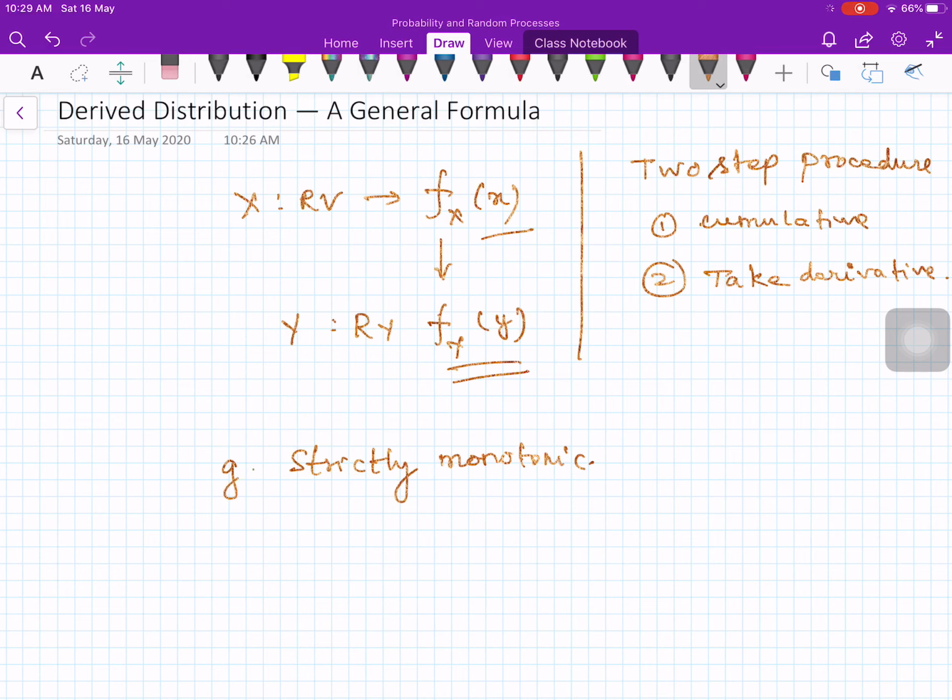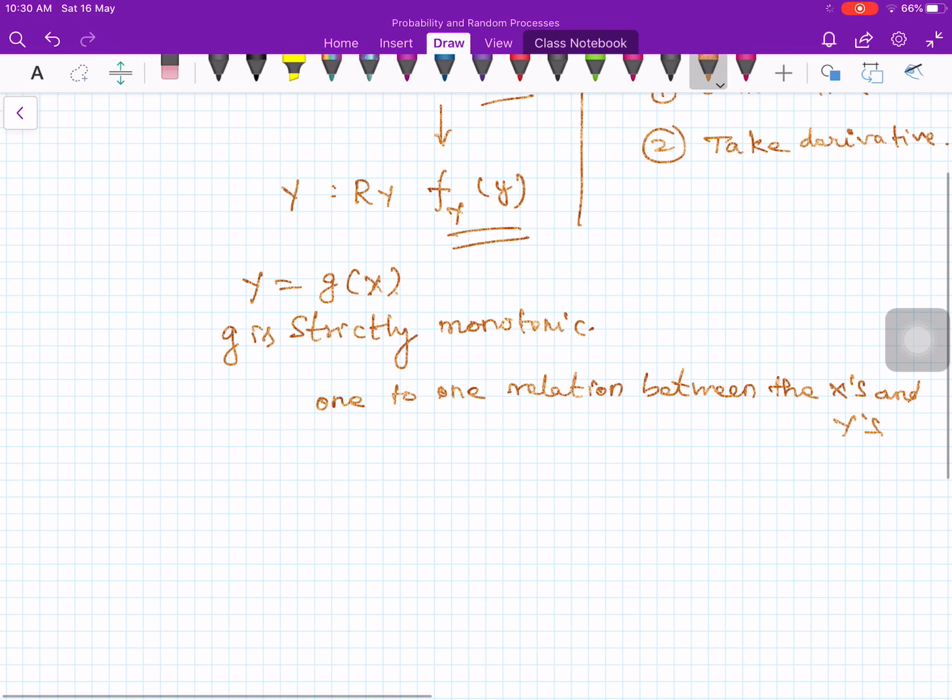The two random variables are related by Y equal to g of X, where g is a strictly monotonic function. When I say monotonic, there is a one-to-one relation between the values of X and Y. That is what strictly monotonic means.